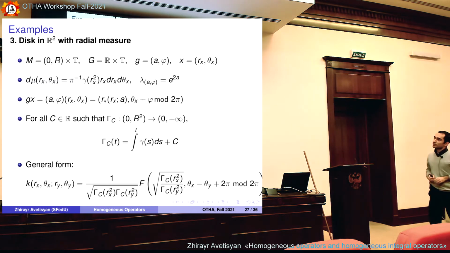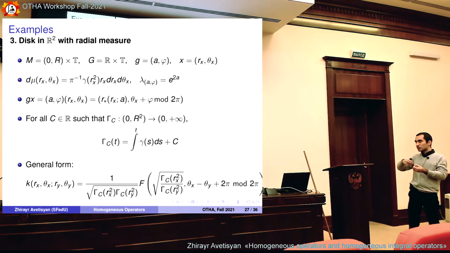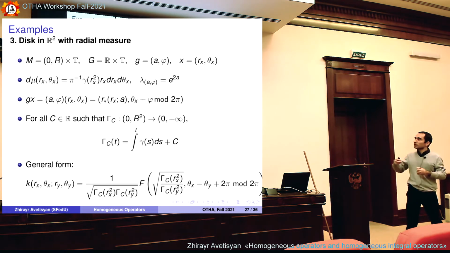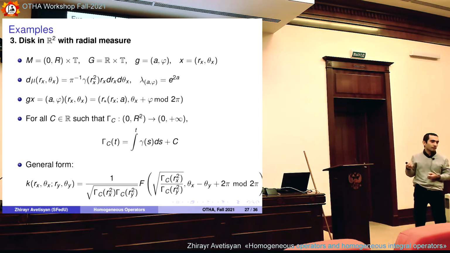You have the cylinder that acts by rotations and by certain, as yet unknown, radial transformations. And you want to find those radial transformations, the new dilations, so to speak, which make your radial measure pop out a constant Jacobian e to the 2a.